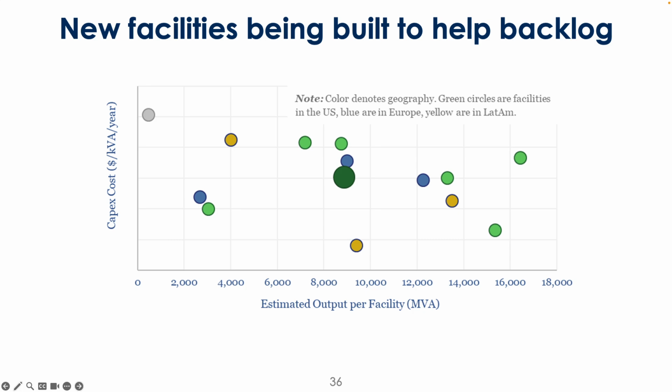In recent years, there has been a whole bunch of new facilities focused on manufacturing this type of equipment to try and keep up with demand. So it's just a rough, qualitative look at some of this new stuff that's been developed.